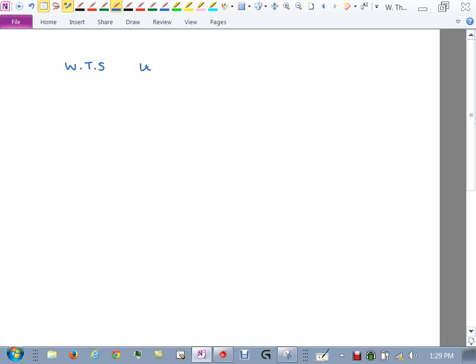Yes or no? What do you think? U, an element of R3. U, not the 0 vector. If it's the 0 vector, then we should get 0.